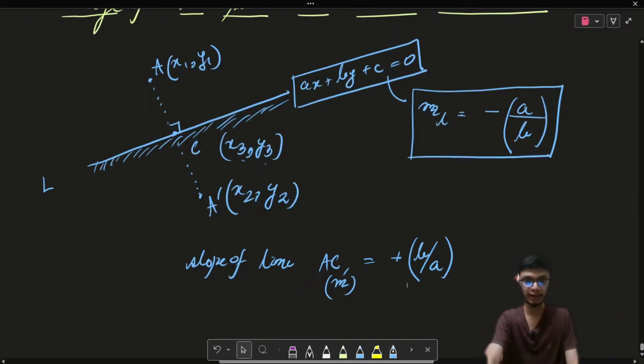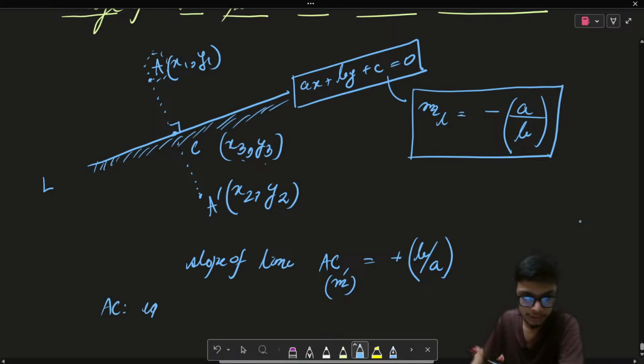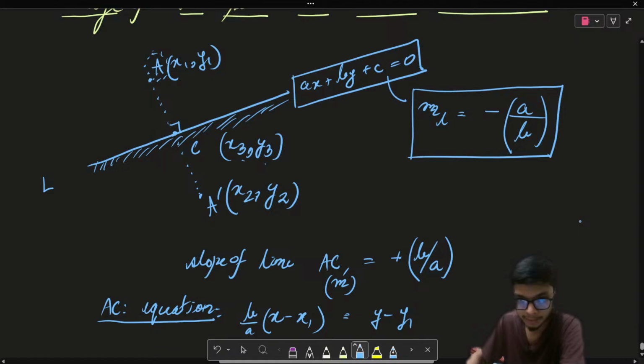I also know one point through which the line passes, this point A. So with this I can write my equation of the line AC. That is, x minus x1 times the slope, that is b upon a, will be equal to y minus y1.